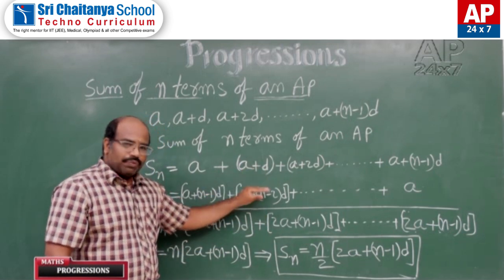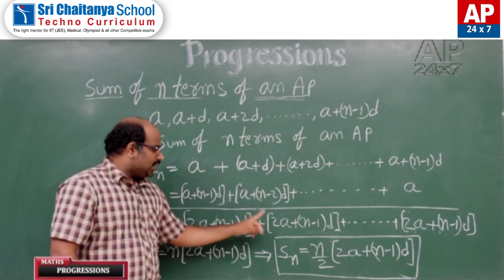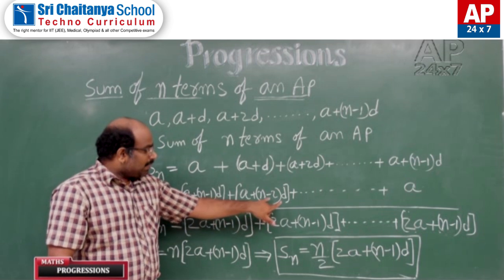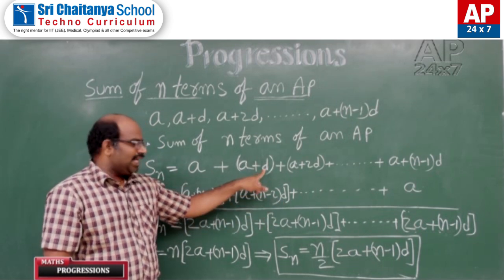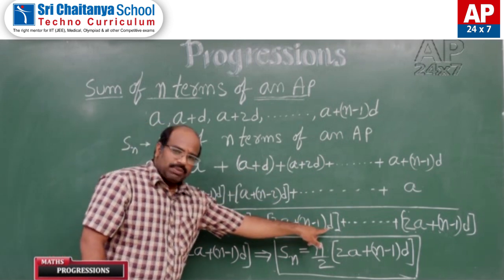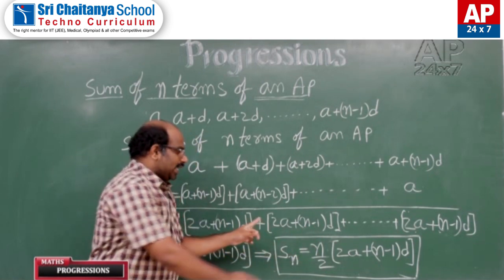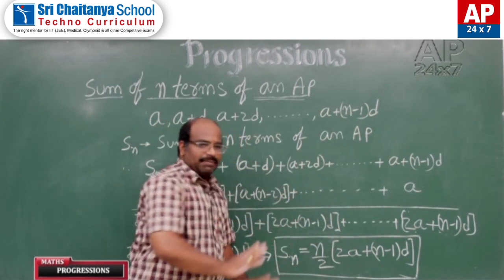By adding these two values, what is the final resultant value we will get? A plus a is 2a, here n minus 2 into d, here 1d additionally there. So the entire value is 2a plus n minus 1 into d. Again, keep the value in the square bracket.